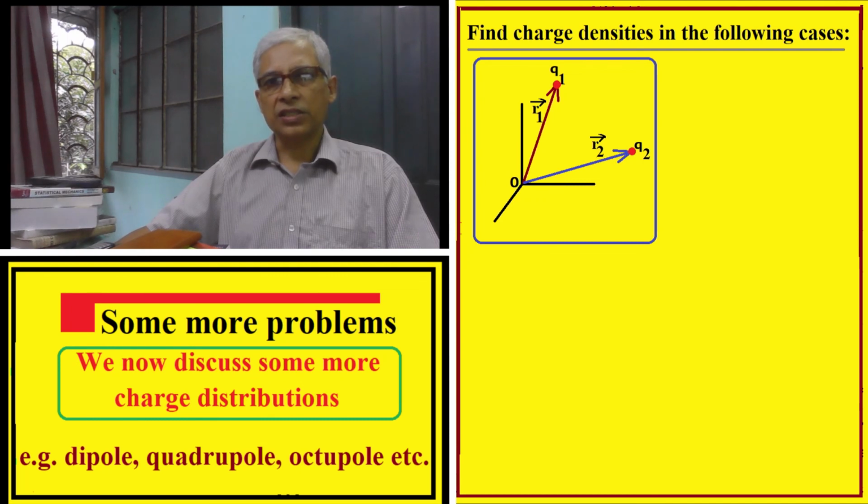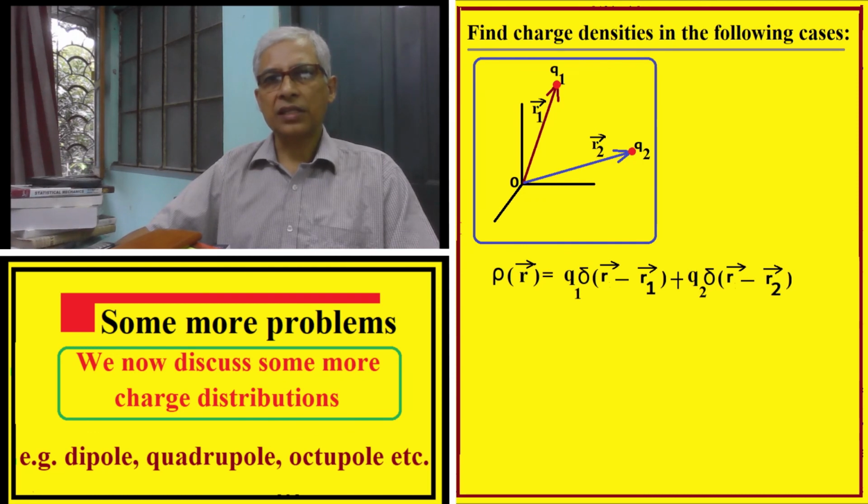Consider two charges Q1 and Q2 sitting at vector R1 and vector R2. We have to write the charge density, and it is Q1 into Dirac delta of vector R minus vector R1 plus Q2 into Dirac delta of vector R minus vector R2.